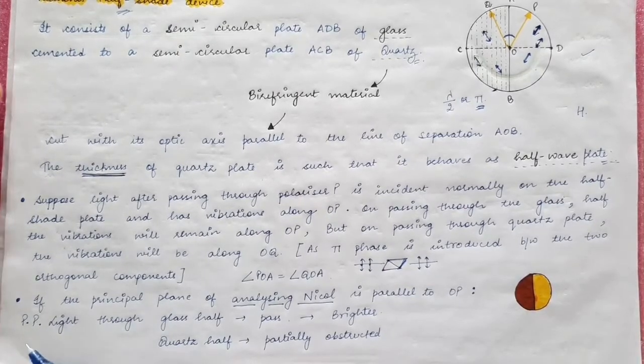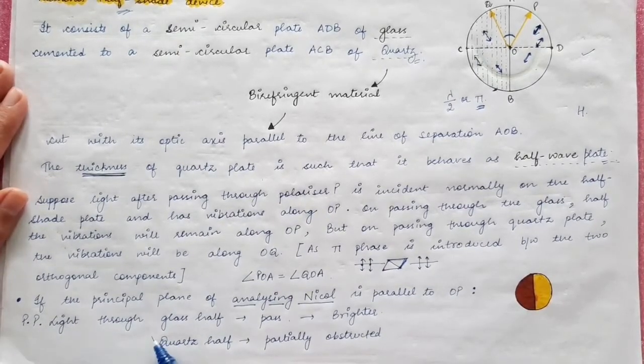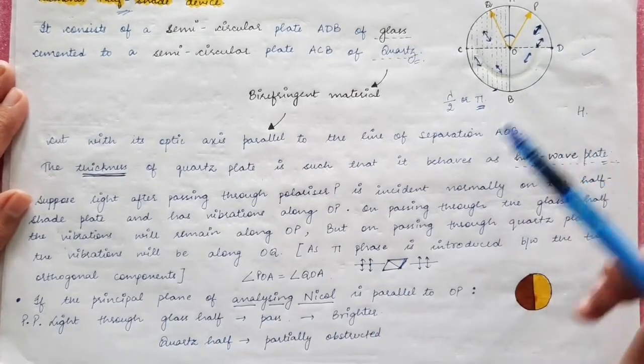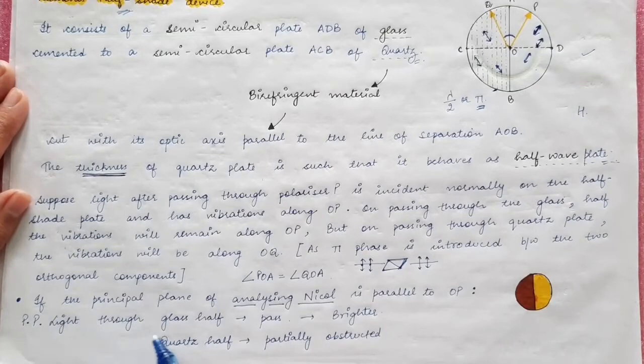So the plane polarized light through the glass half of the half shade device passes through the analyzer, and hence this portion of the half shade device will appear to us as bright. It will appear brighter compared to the other portion.